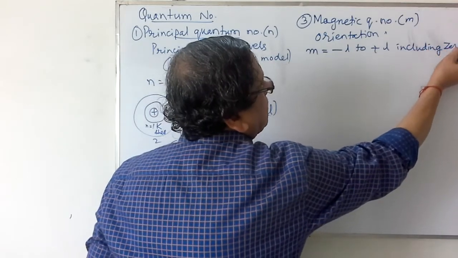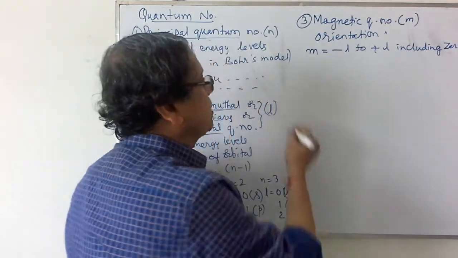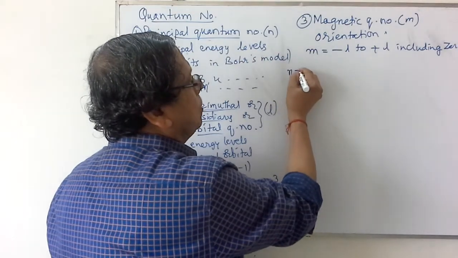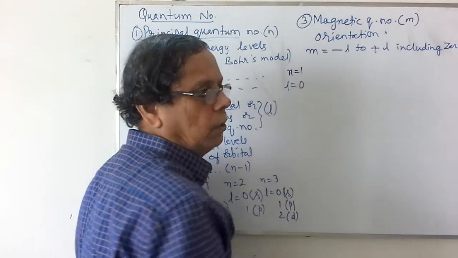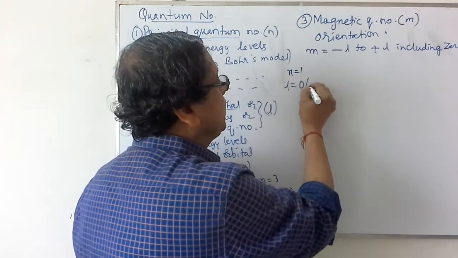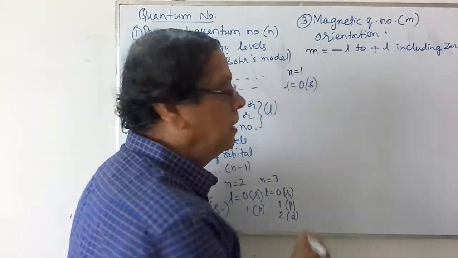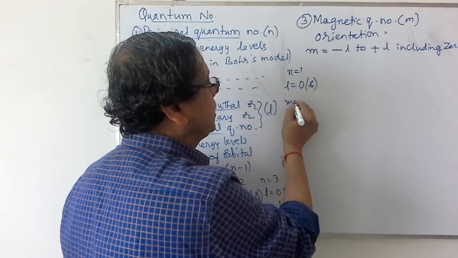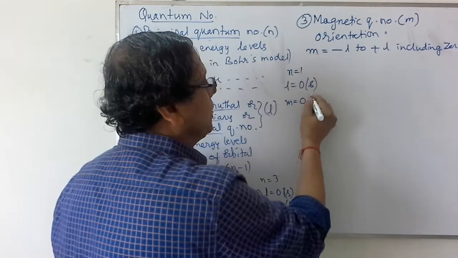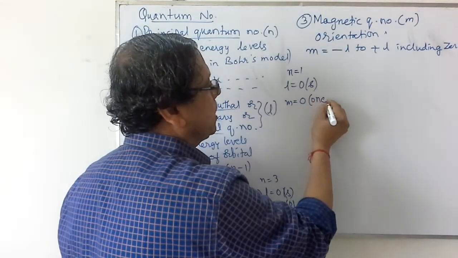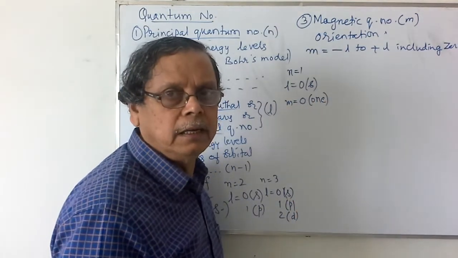Say for example, if n is equal to 1, we know that l can have only the value 0, so it is the s subshell. m can have only one value, that is 0. So this s subshell has only one orientation.